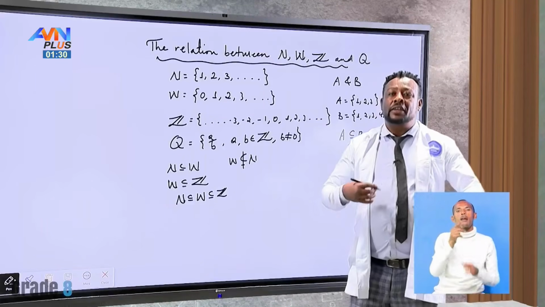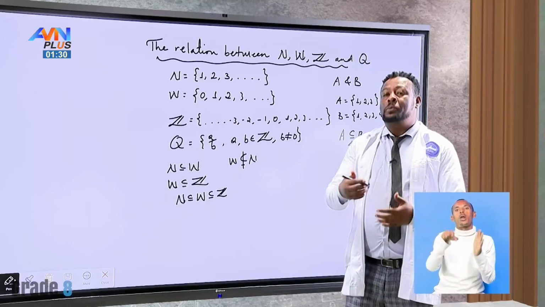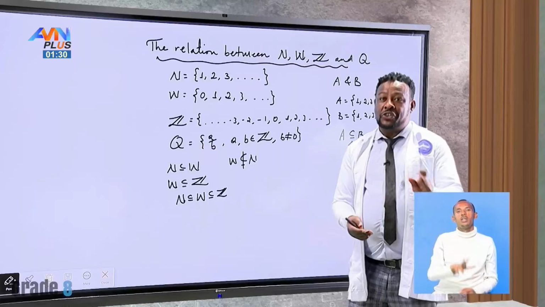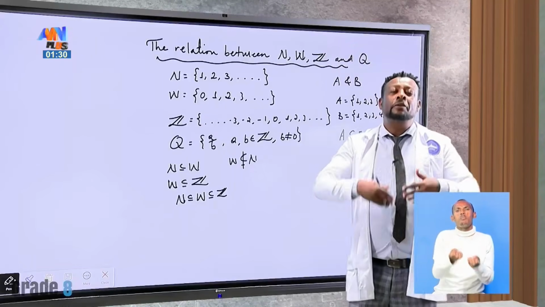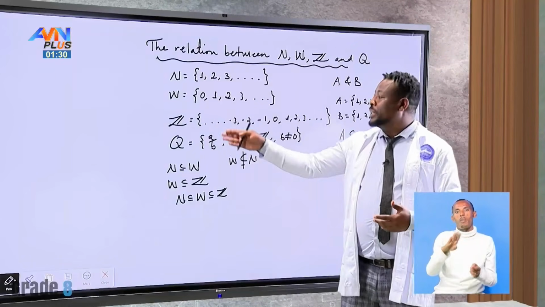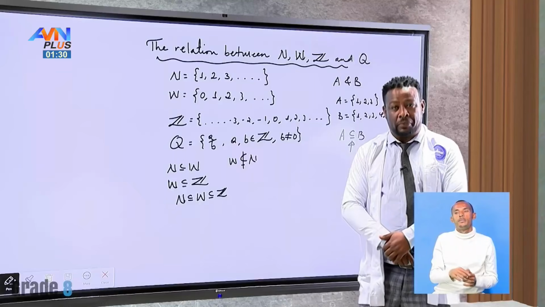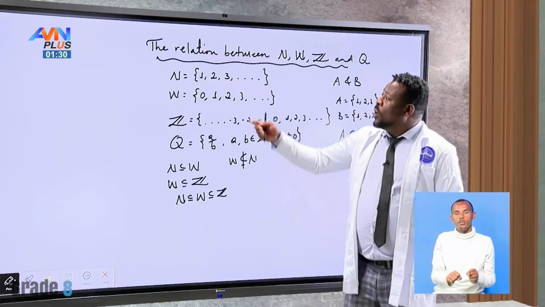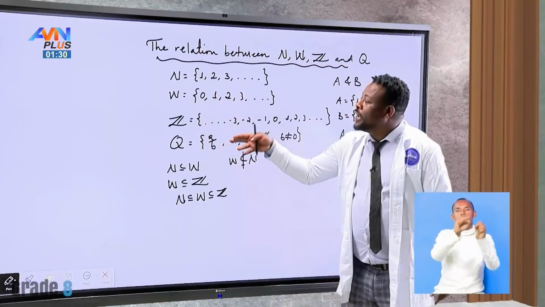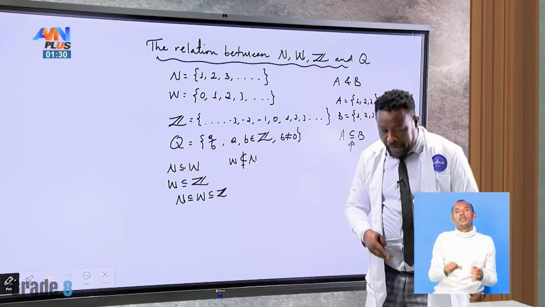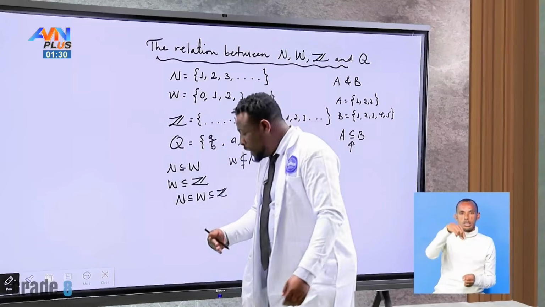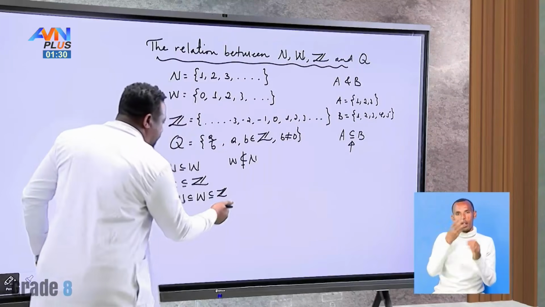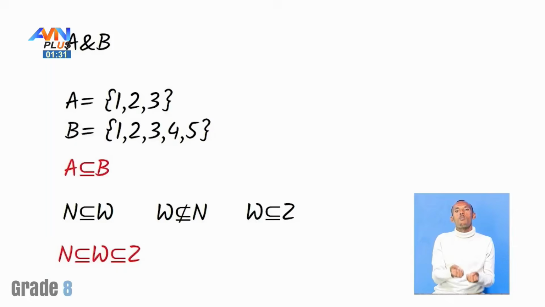There are different ways to represent 3. 3 can be written in infinitely many different ways by writing in the fractional form, right? So all these 3 sets are included in the set of rational numbers. So we can add one more relationship.